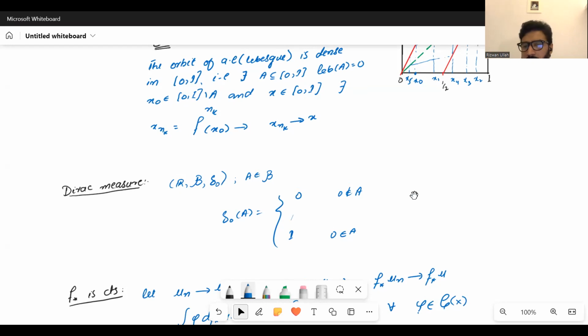The Dirac delta at the point 0 evaluated at the set A is either 0 or 1: 0 in the case when the point 0 is not in the set A, and 1 in the case when the point 0 is in the set A. So this was the definition of the Dirac delta.